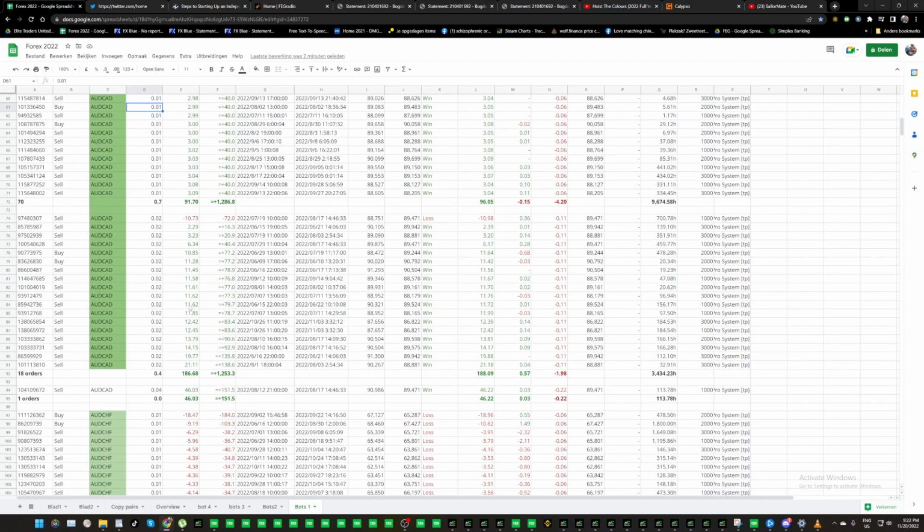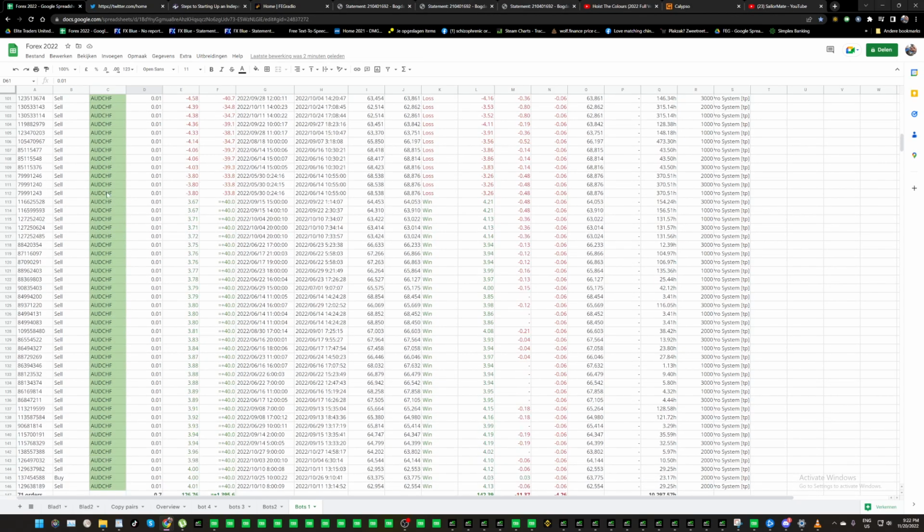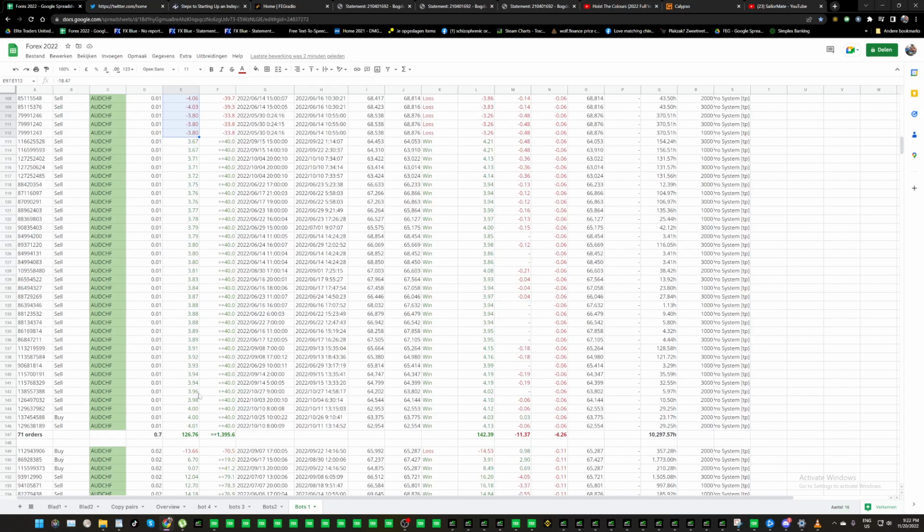Now, as you can see, the Australian Swiss franc, it had a total of 16 losses. And with the positive results, we still made 126 euros in profit.